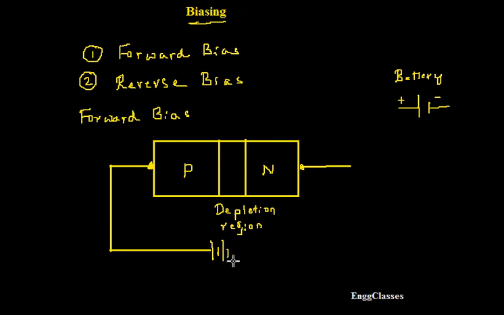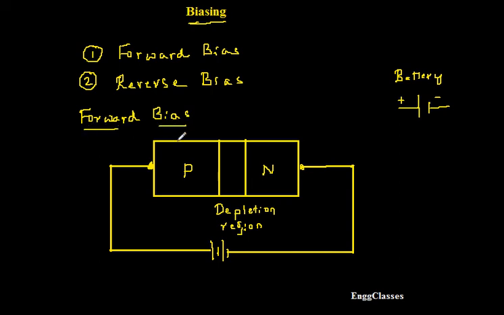Now I take this and connect the negative terminal to the n type of the diode. Yes, the job is done. So now I have made this diode biased, and to be precise I would call it forward biased.